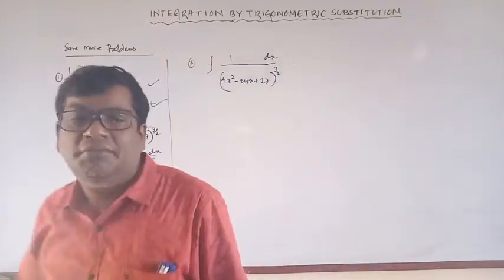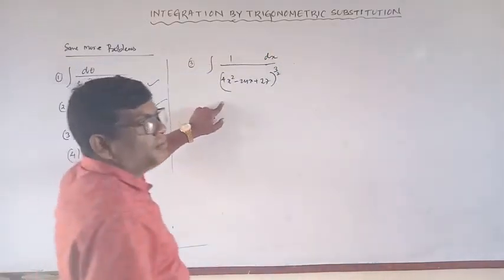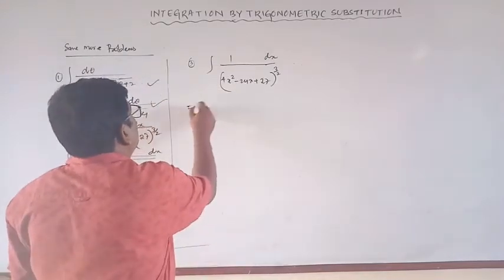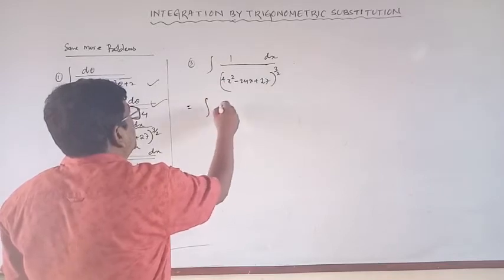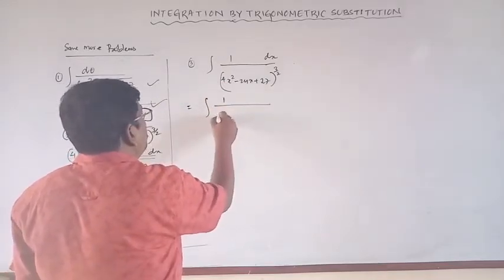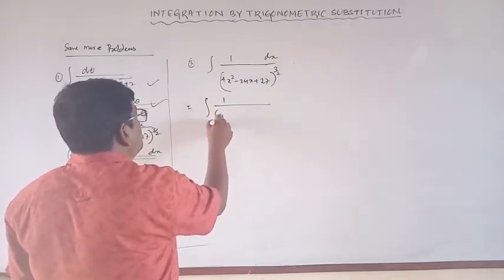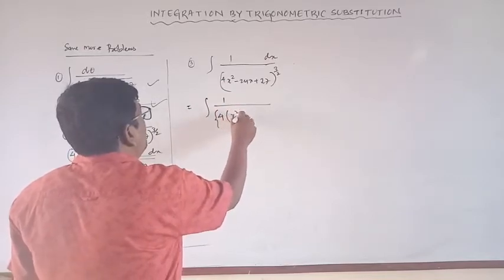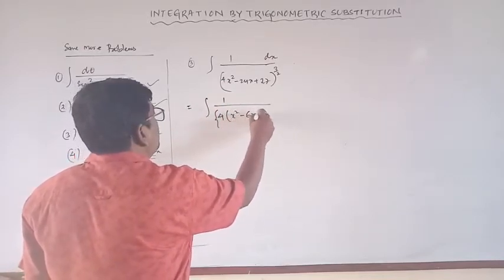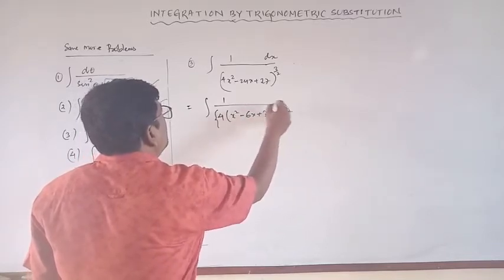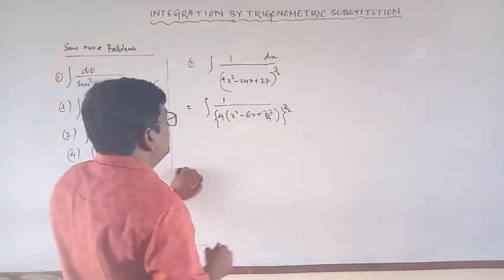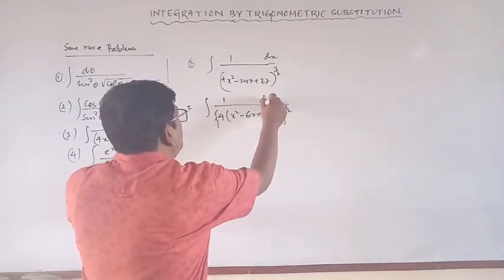Make it a perfect square, that is, a sum or difference of two squares. So take 4 common. This is equal to the integral of x square minus 6x plus 27 by 4, to the power 3 by 2, dx.